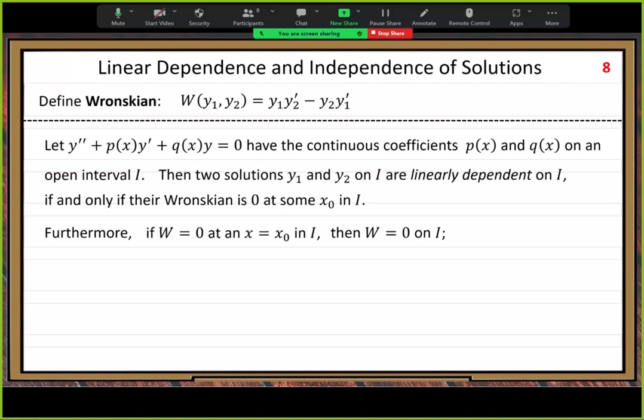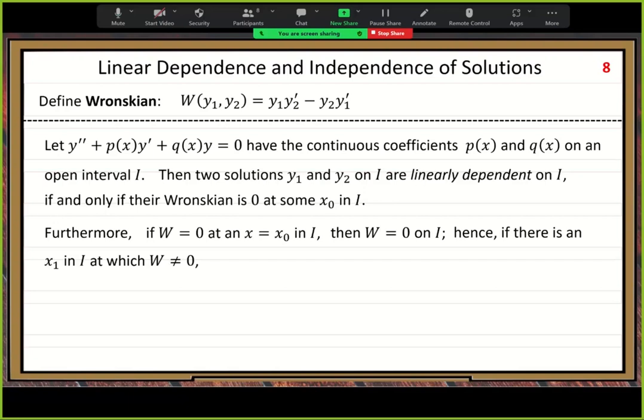But if you have it, then it implies W equals 0 on the whole interval. How interesting, 1 point can force the whole W function. W is a function, and that W function must be identical to 0 on I everywhere. That is one result.